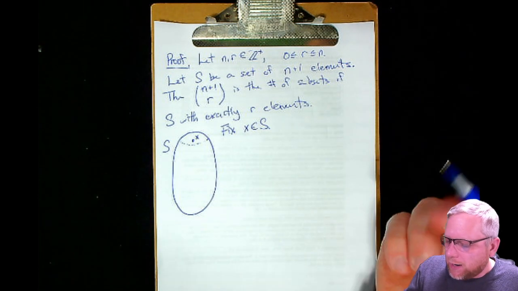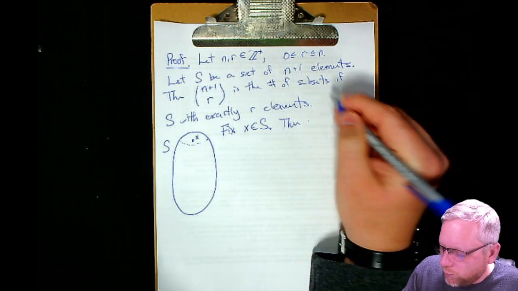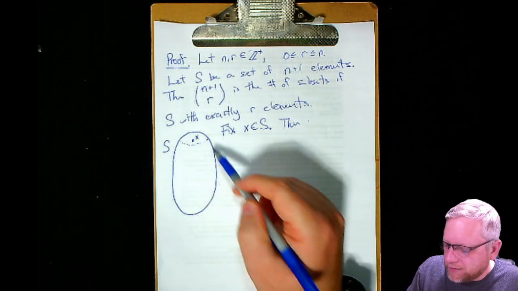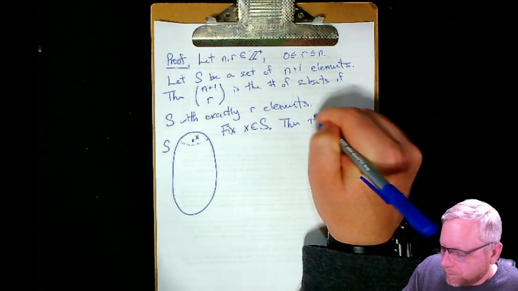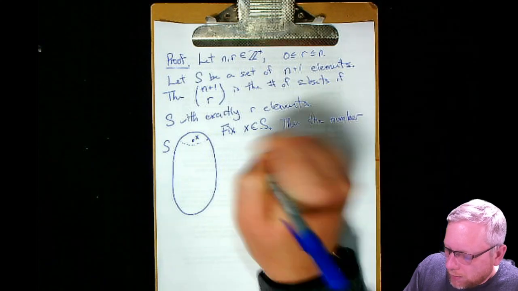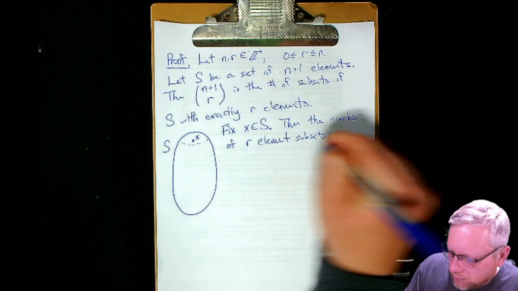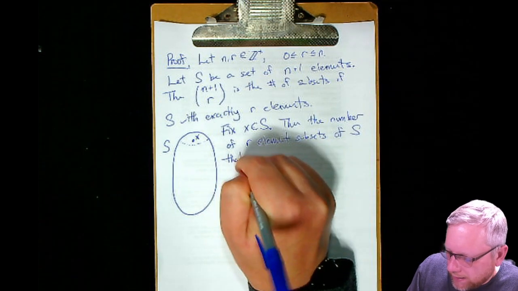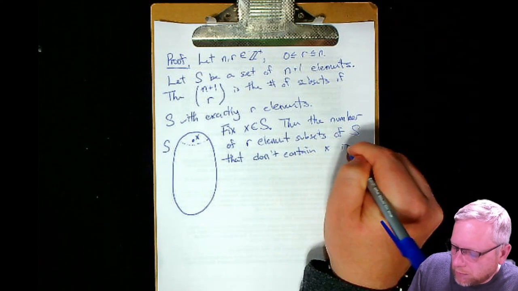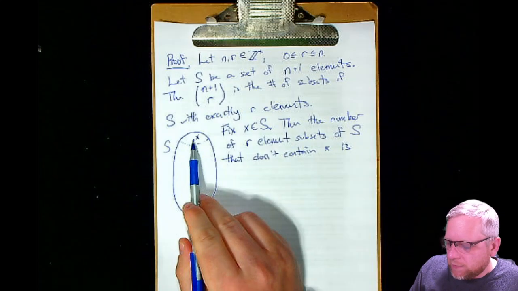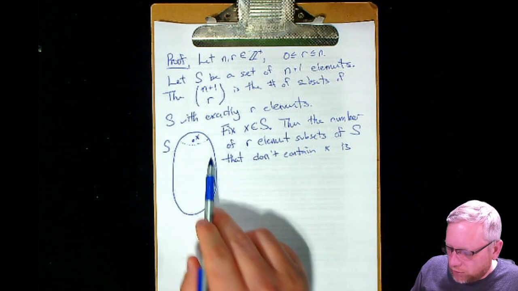How many ways can I create an r element subset of S? The number of r element subsets of S that don't contain x is, well, the ones that don't contain x are all down here.